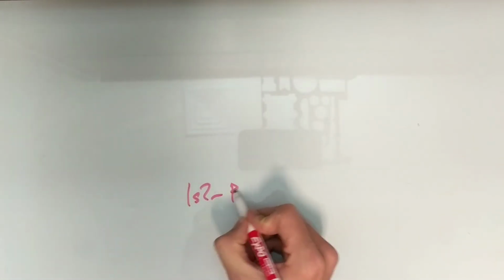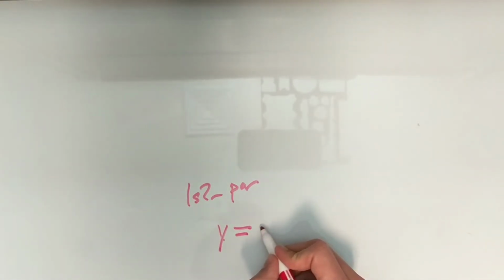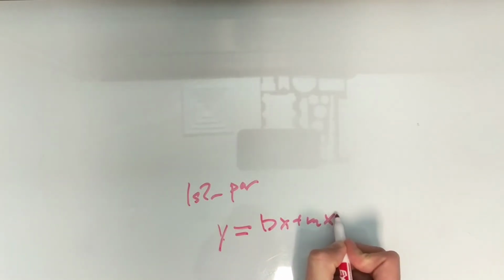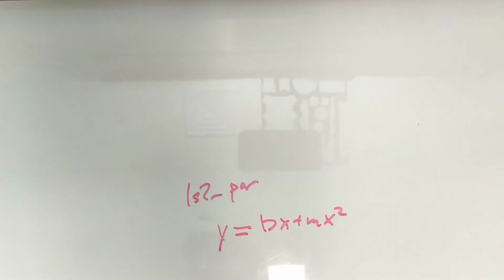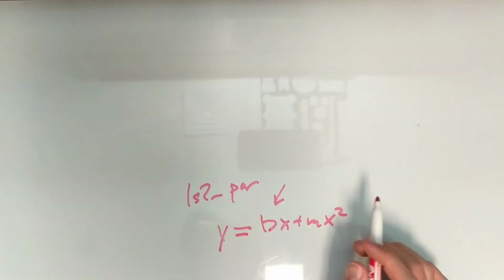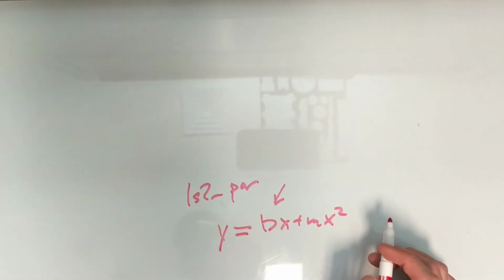And so when you're doing your ls2 par, remember that now we're using y equals, I have to think about how to write this, bx plus mx squared. Where your b in this instance is going to be, let me just check to make sure I'm not throwing you astray.